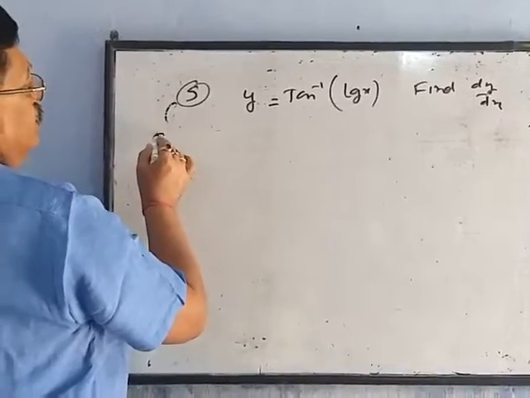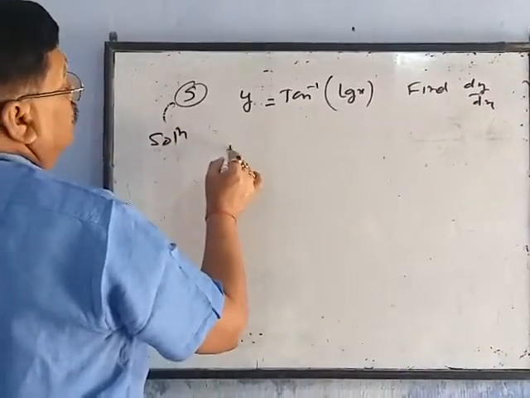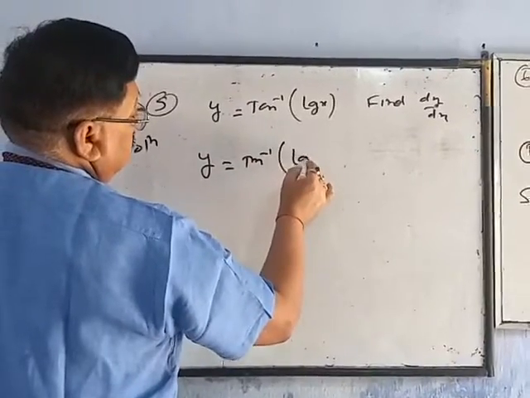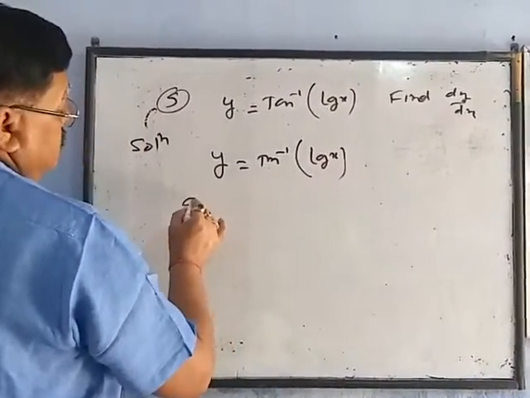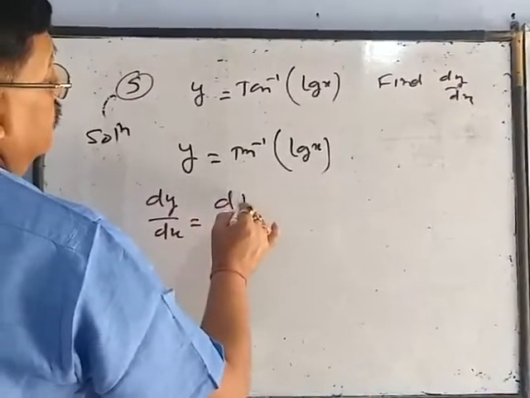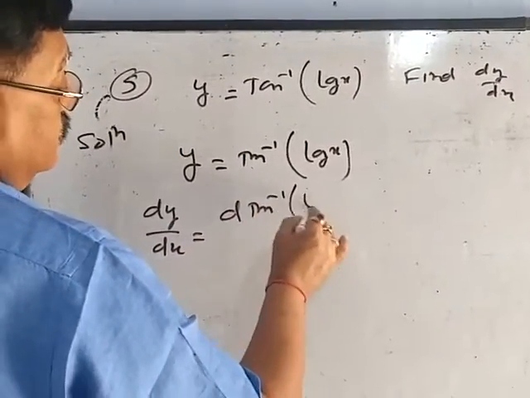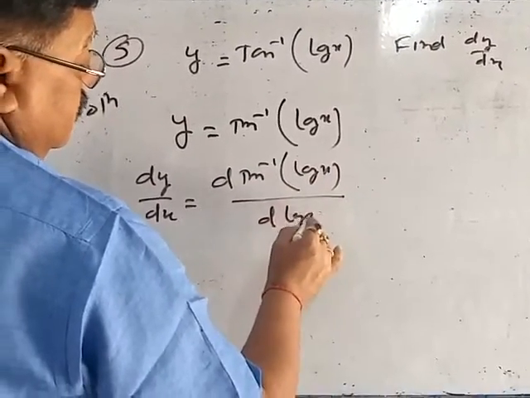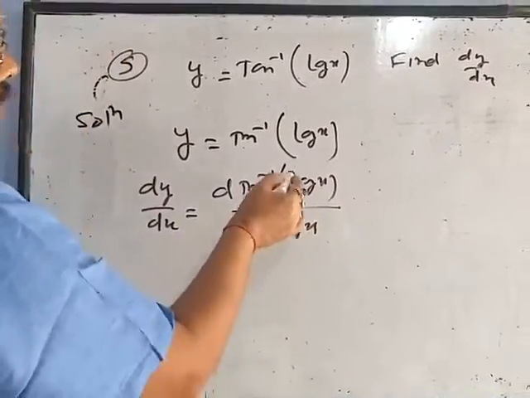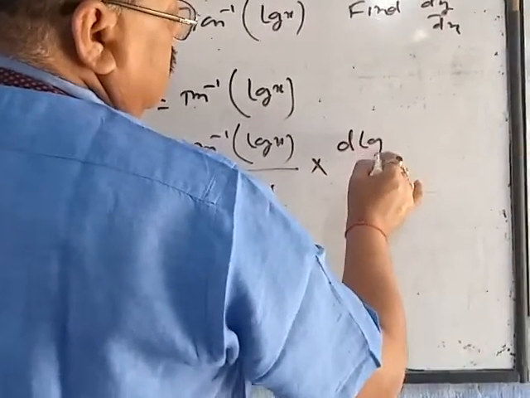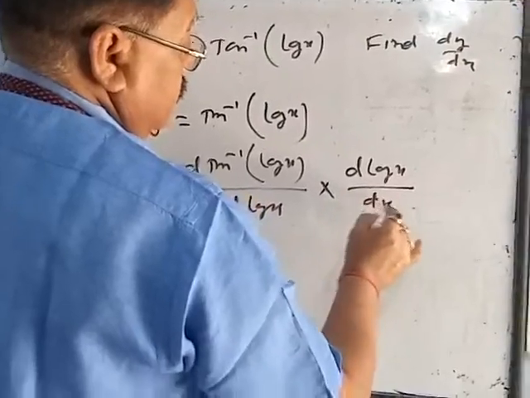Solution: y equals tan inverse log x. dy by dx is d tan inverse log x by d log x, which depends upon log x, so with respect to log x we differentiate, and then d log x by dx.